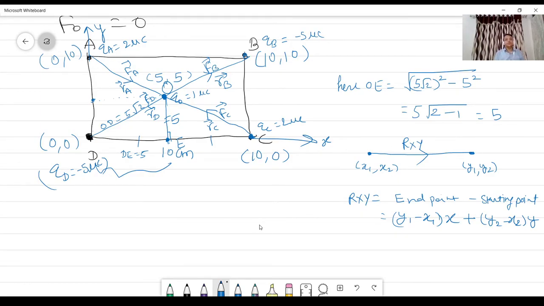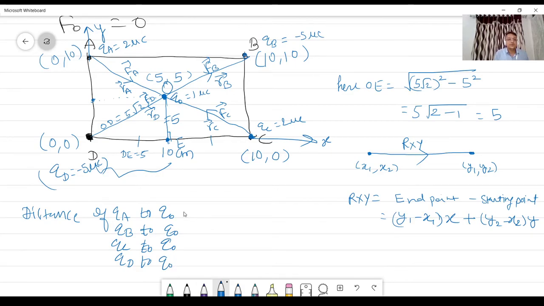Here we are going to use the same approach. Since the distances of QA to Q naught, QB to Q naught, QC to Q naught, and QD to Q naught are all equal, I can give these distances variables, let's say RA, RB, RC, and RD, and all are equal to r, which we found earlier to be 5.2 centimeter.